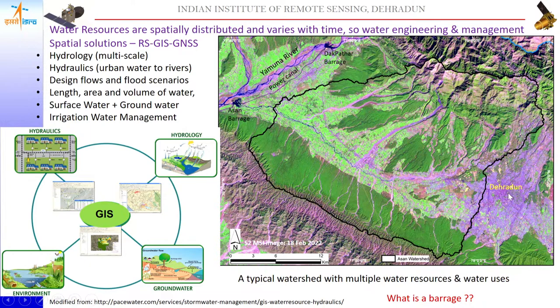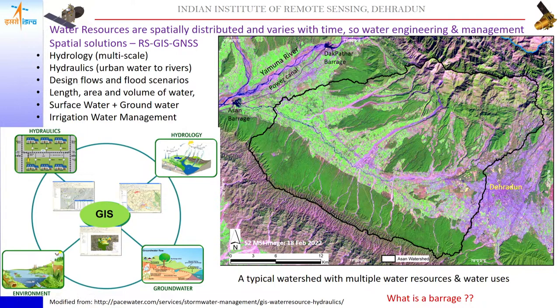And this typical watershed, because our city Dehradun is part of the Ganga basin, and this city is acting as a ridge line. The water to the west of this city is going to the Yamuna river through the Asan river watershed, and the water to the east of it goes to the Song river catchment, which meets at Rishikesh.